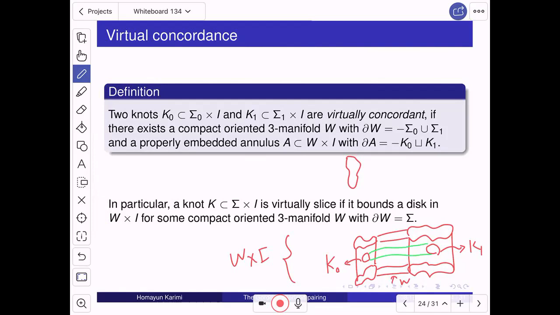In particular, K is called a slice if you can find a three-manifold W with boundary sigma such that inside W cross I, K bounds a disk.